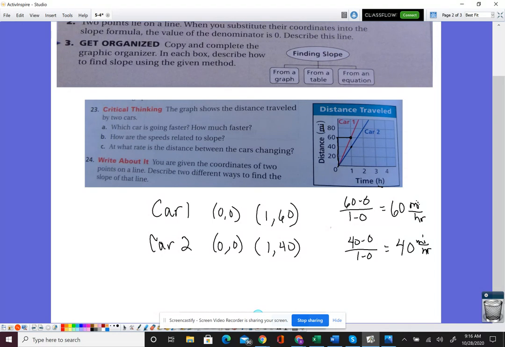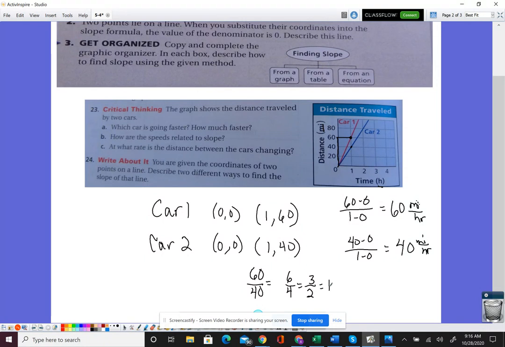At what rate is the distance between the 2 cars changing? Okay, at what rate is the distance between the cars changing? Rate. What do you think about rate? Rate is that ratio of like things, 60 over 40, which reduces down to 6/4, which reduces down to 3/2.